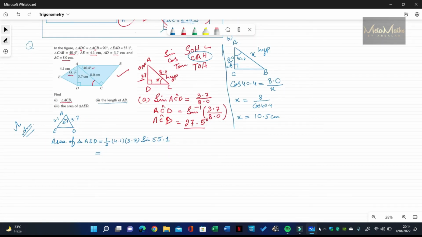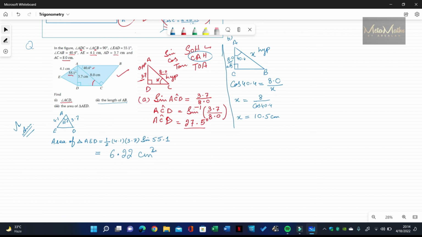It's 1 over 2 into 4.1 into 3.7 into sine 55.1. Okay, and you will press equal. The answer on my calculator screen is 6.22, and because it is area, so your unit should be centimeter square or square centimeter.